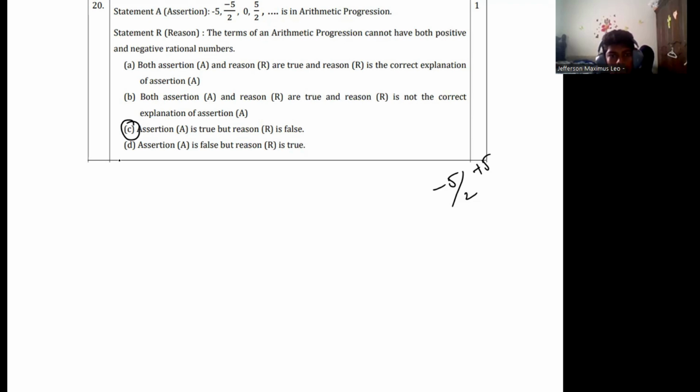The terms of an arithmetic progression can be positive, negative, zero, anything. It says cannot have, so that is wrong. The common difference is the same, so the assertion is true, but reason R is false. Twenty questions are over. Finish the 1 mark section.